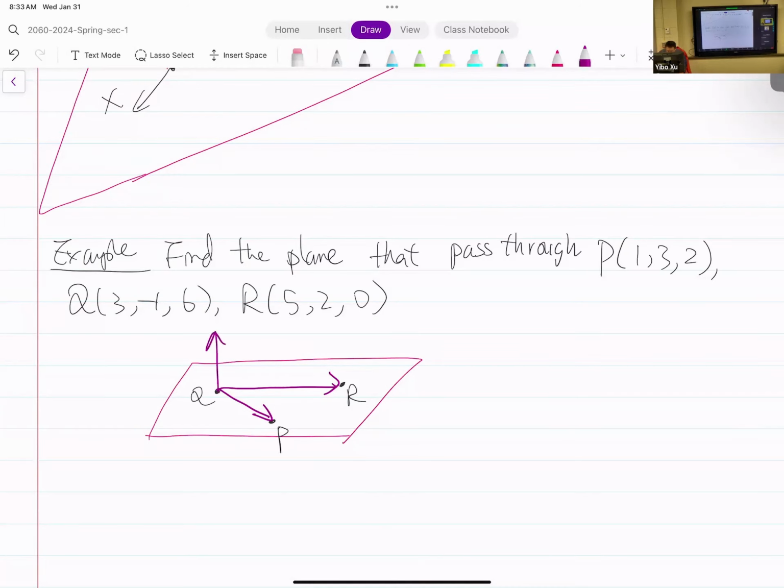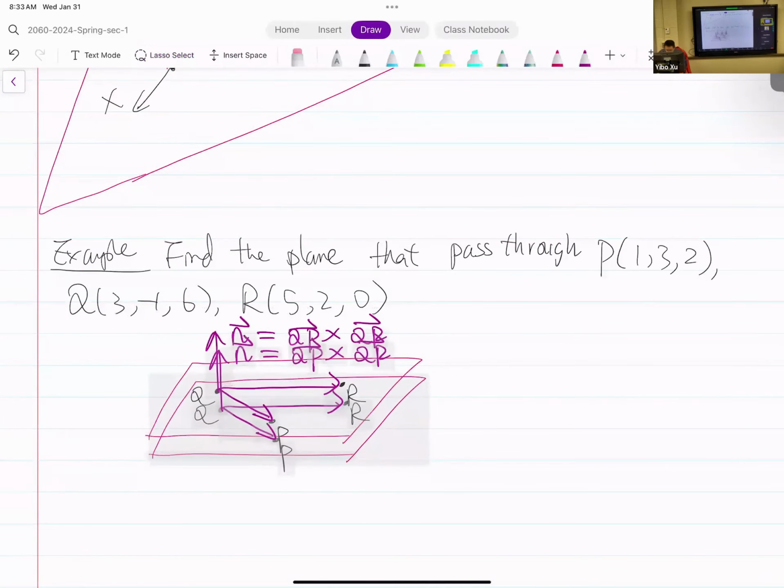That will form the null vector, which in the figure here is QP cross QR. But actually, there is a freedom of choice, just letting you guys know.